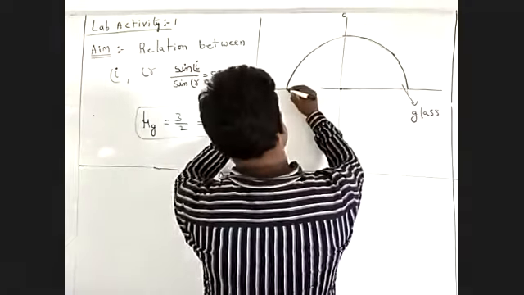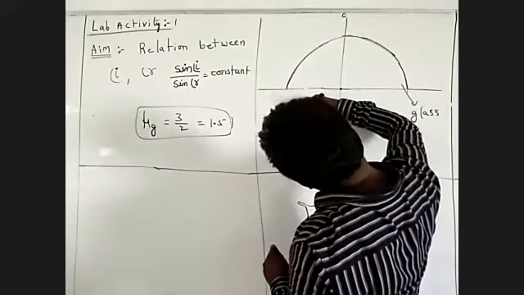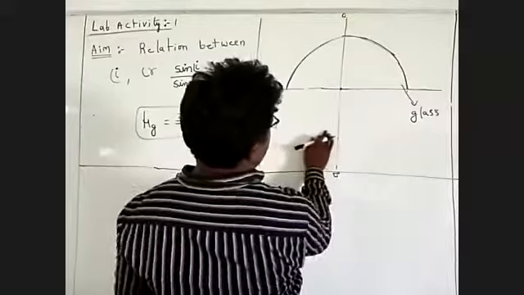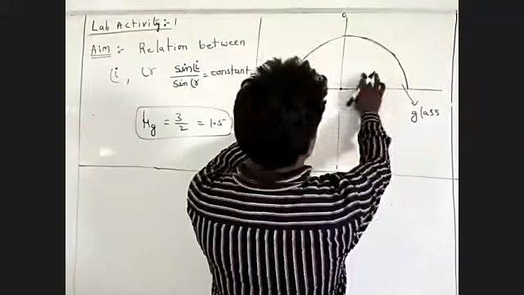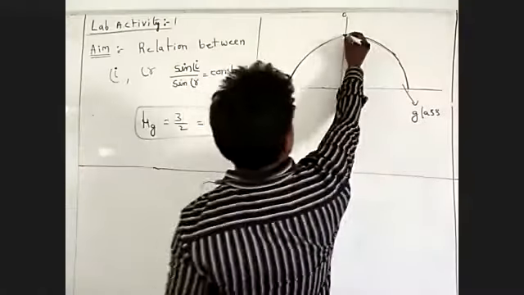Now you will see what will happen in this situation. The protractor is made up of glass, so I'm drawing the O point also.